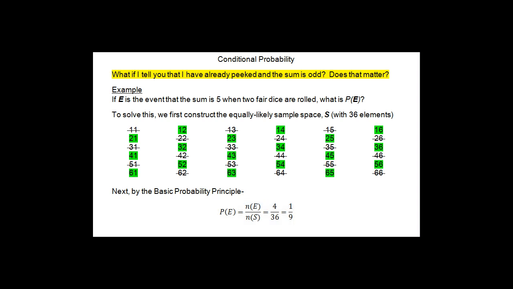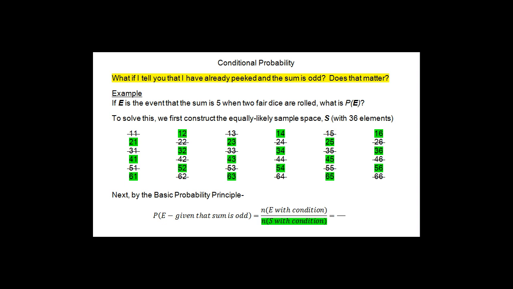So this is going to change, or at least I believe it will. Let's have a look. To acknowledge the fact that I expect these probabilities to change, I'm going to change the way I worded this. Instead of just calculating the probability of E that the sum is 5, I'm going to say that I'm calculating the probability of E given that the sum is odd.